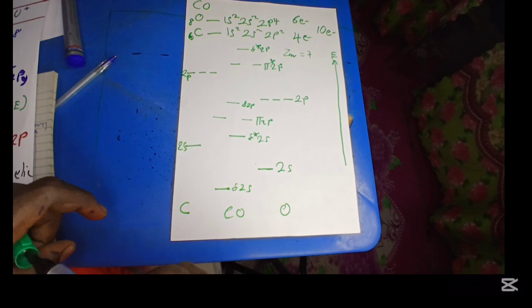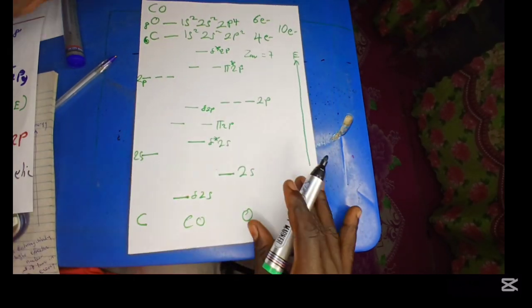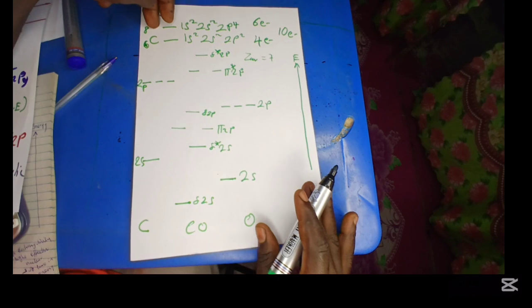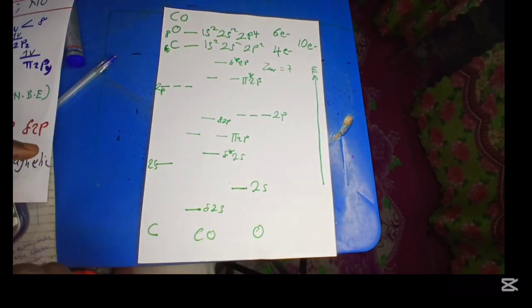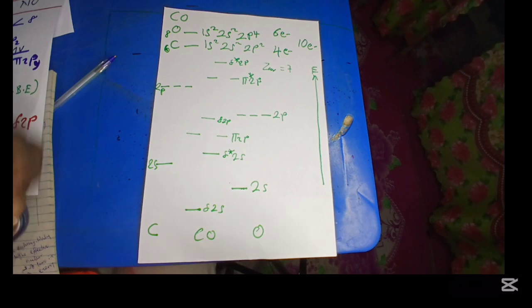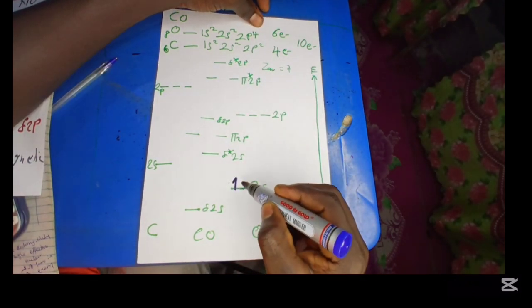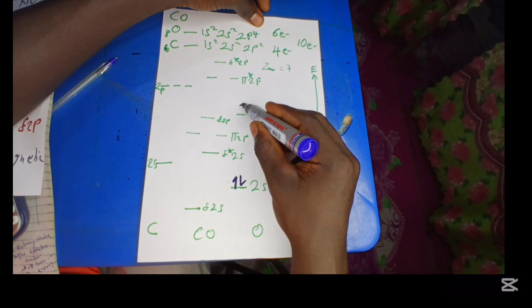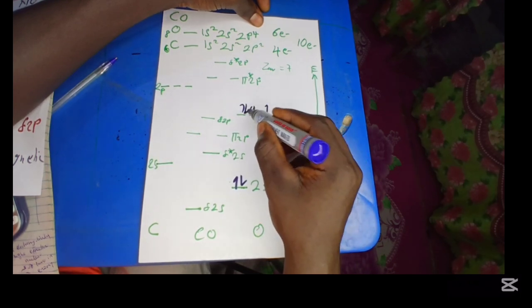So let's now start filling orbitals with electrons. For oxygen, we have 6 electrons, so we have 1, 2, 3, 4, 5, 6.